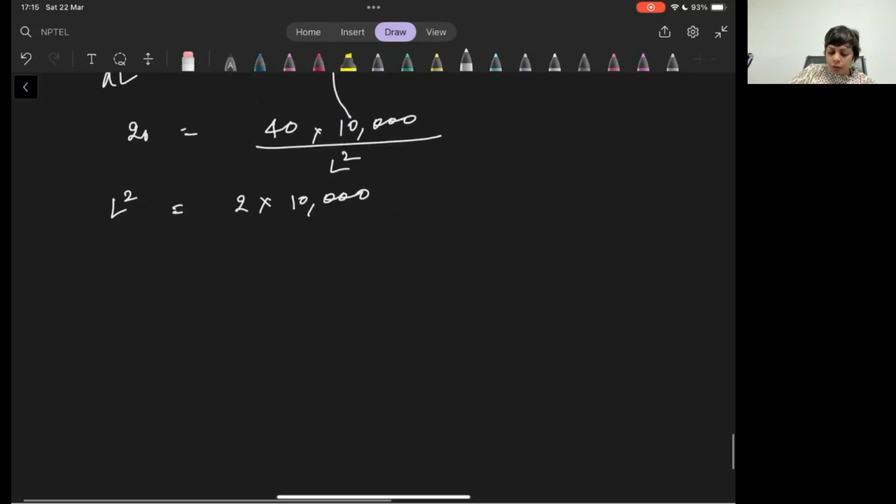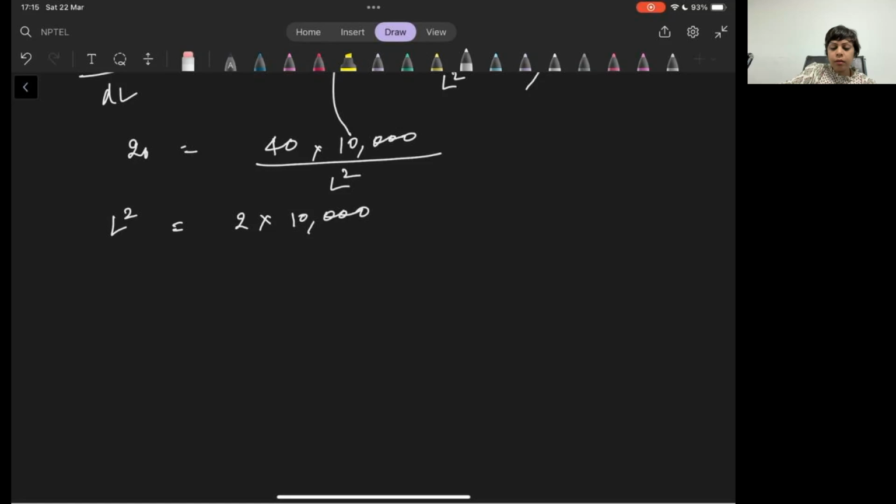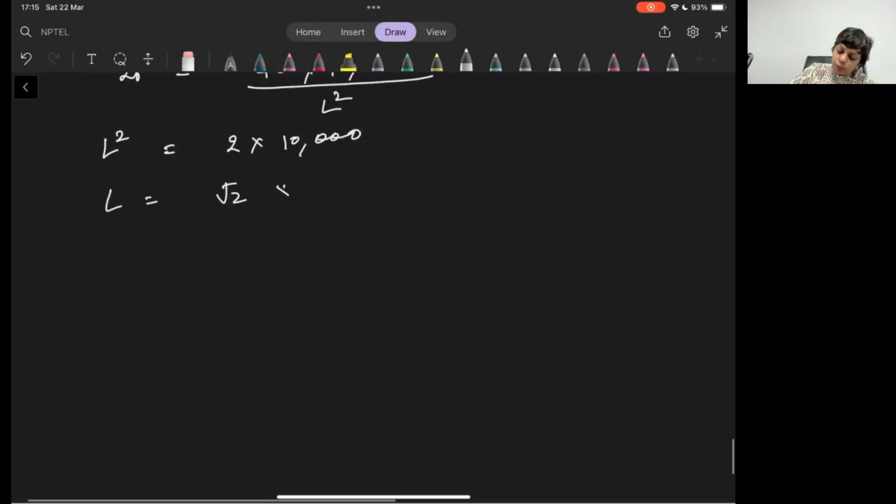Okay. You understand how I got this? You just divide 40 by 20, you get 2, and I took L square to this side. You take L square here, you take 20 here. You get L square equal to 40 divided by 20, which becomes 2, into 10,000. So L is equal to root 2 into 100.